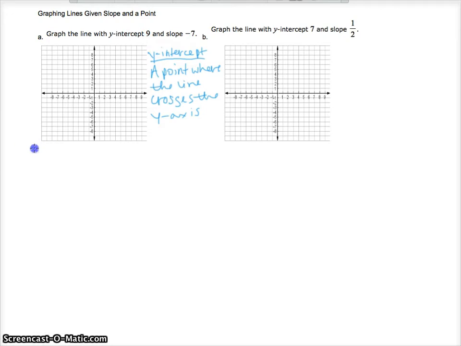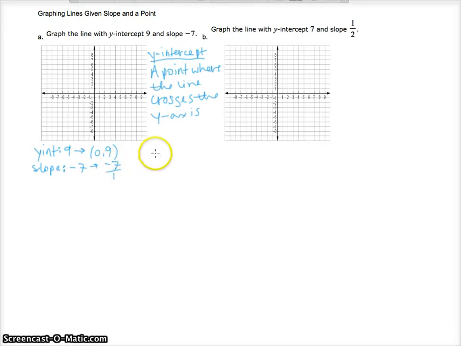So the y-intercept is 9, which means that its ordered pair is 0, 9. And my slope of -7, I need to transition it into a fraction, -7 over 1.